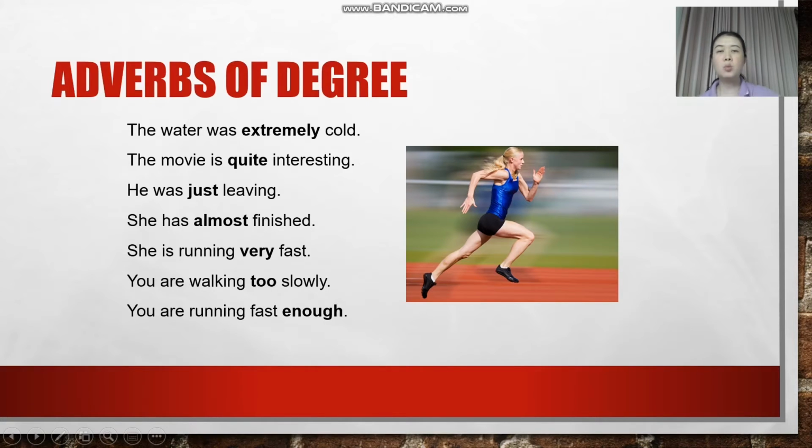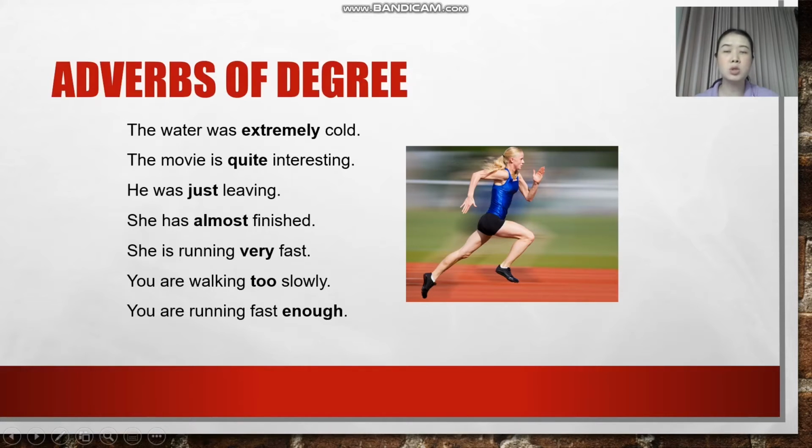Okay. But what about when we are using the adverbs of degree to modify other adverbs? Let's see. Well, that should be the fifth sentence. She is running very fast. So if we are talking about the word fast, that is the adverb to modify the word running.